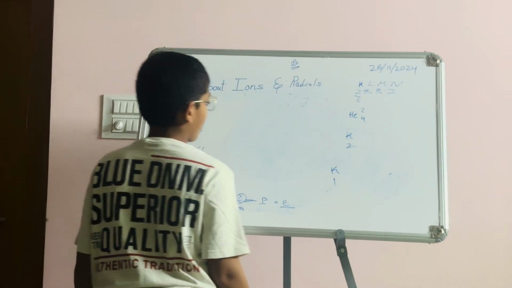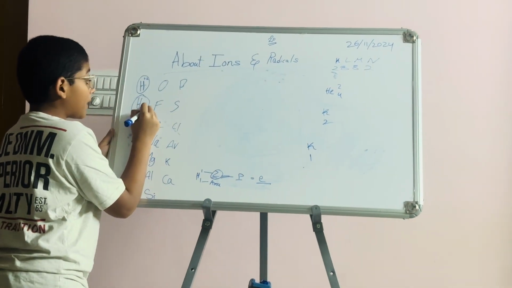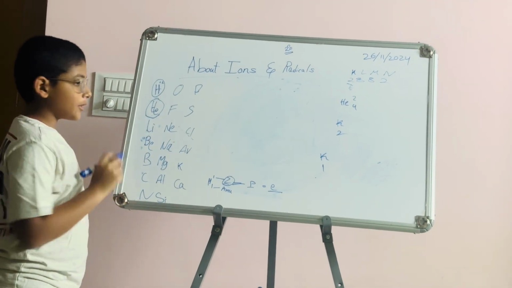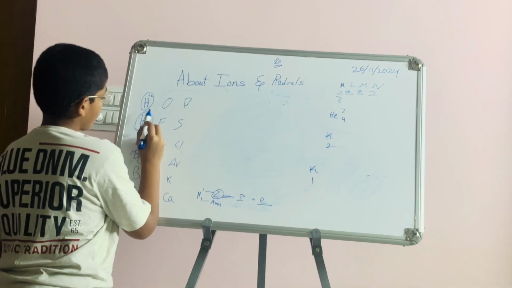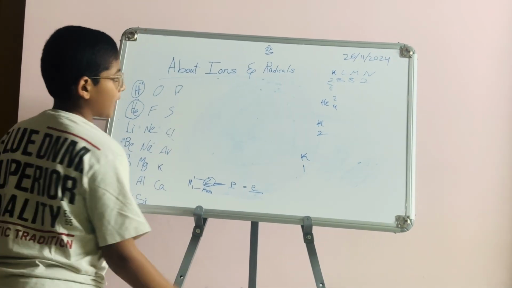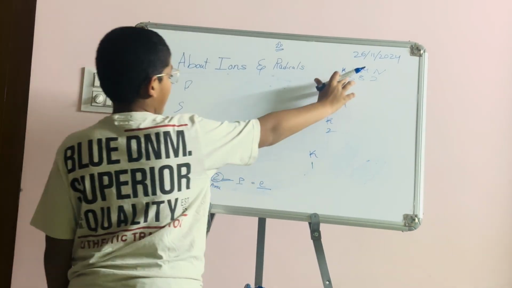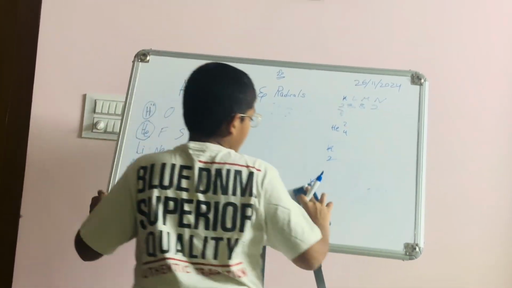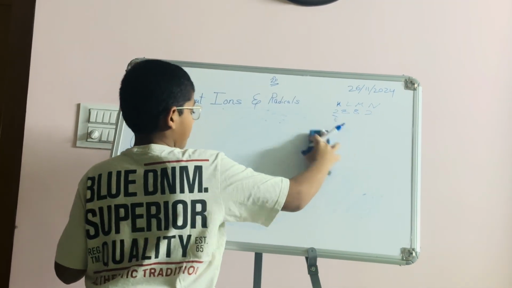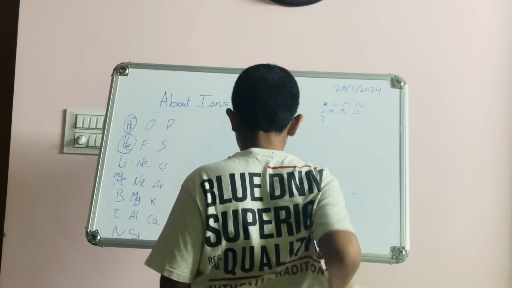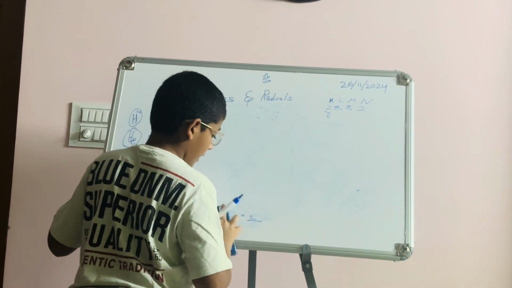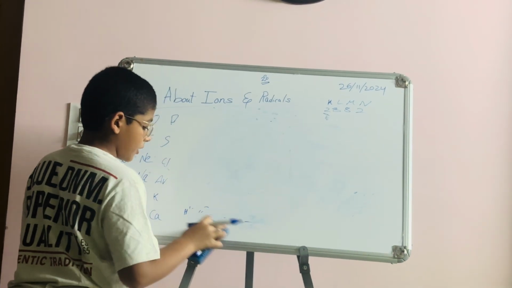But in the case of noble gases, they have no valency because they are already stable, having enough electrons present in their outermost shell, which is also known as the valency shell. So here, hydrogen goes for H minus 1 or H plus 1.